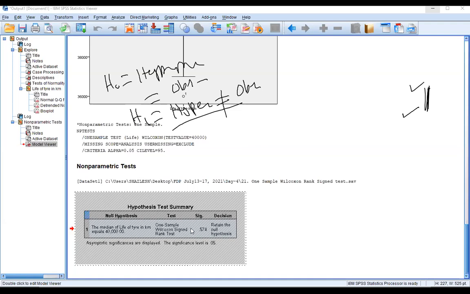Then who will decide? This p value. The asymptotically significant p value is greater than 0.05. It means there is no difference. The median value is more or less the same. It's not a very big difference. So I told you, when we compare the two, either median or mean, we always get a different value.